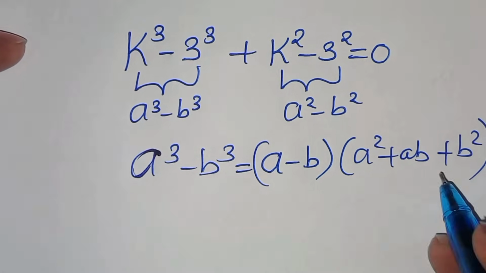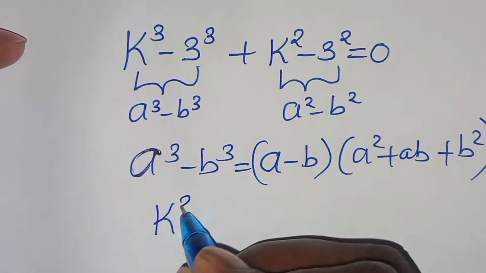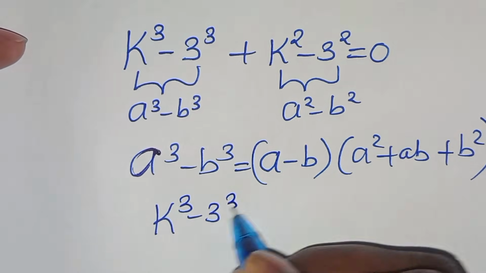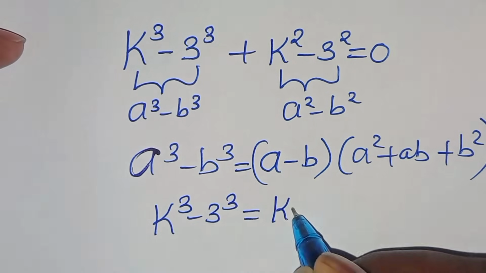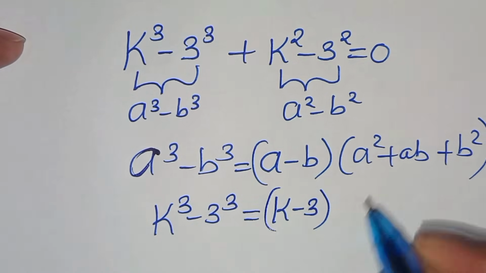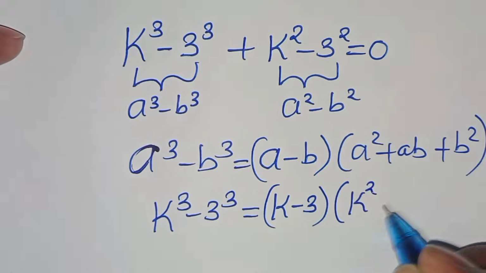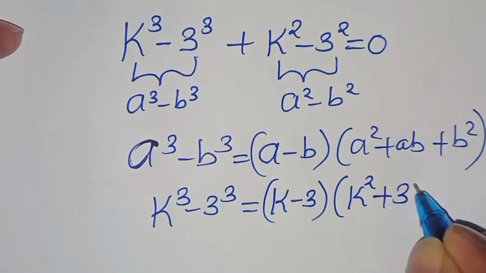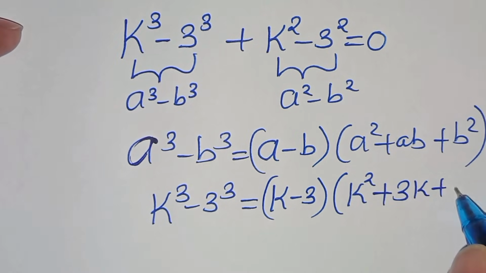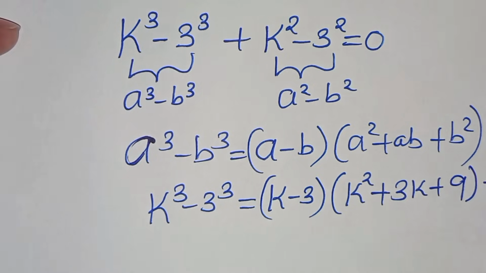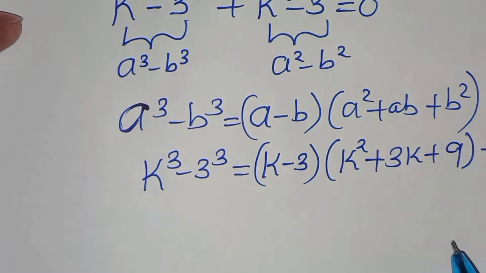Applying this identity, then we have k to the power of 3 minus 3 to the power of 3. This is the same thing as k subtract 3 times k squared plus 3k, then plus 3 squared. This is equal to 9. Let's call this the first part.